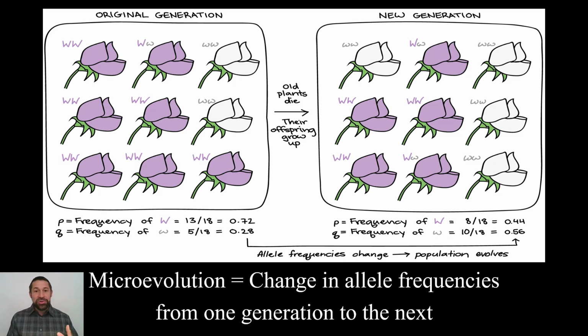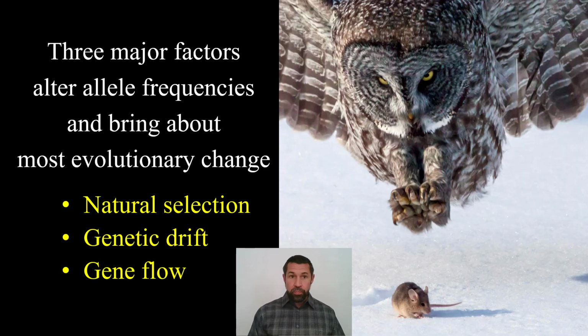Of course, microevolution are small changes in allele frequencies from one generation to the next. So we're thinking about what disturbing factors push us out of the Hardy-Weinberg equilibrium and actually cause our allele frequencies to change from one generation to the next.